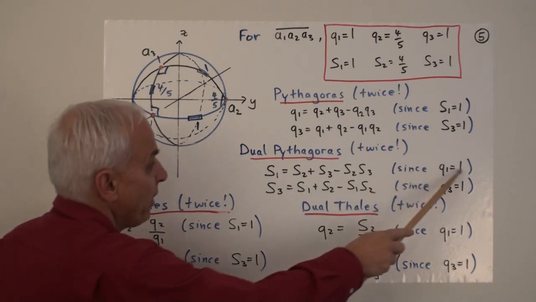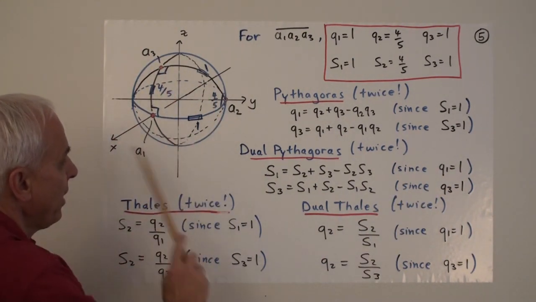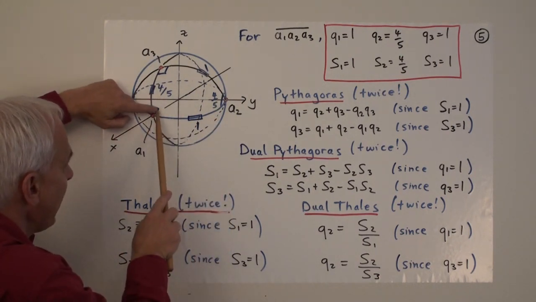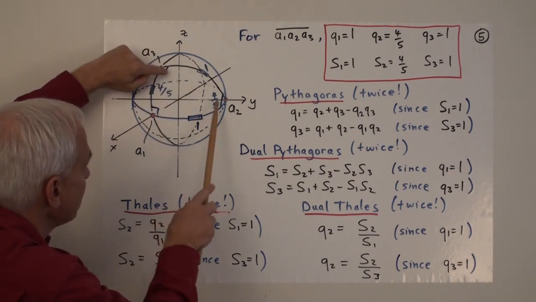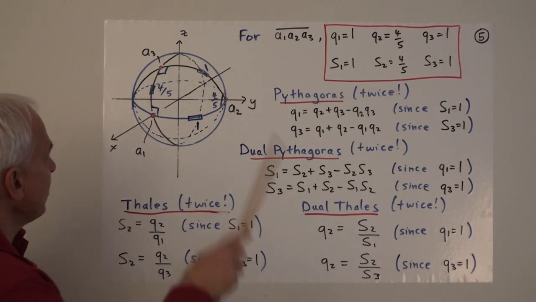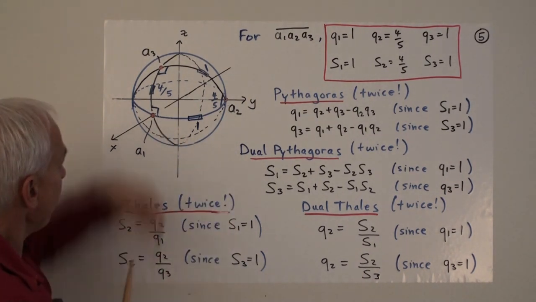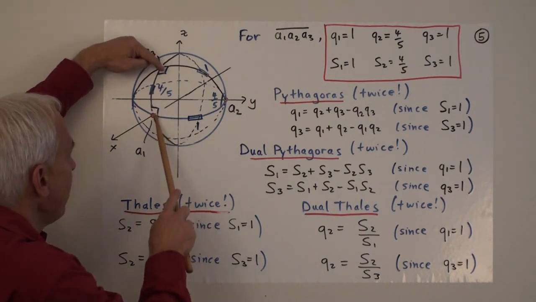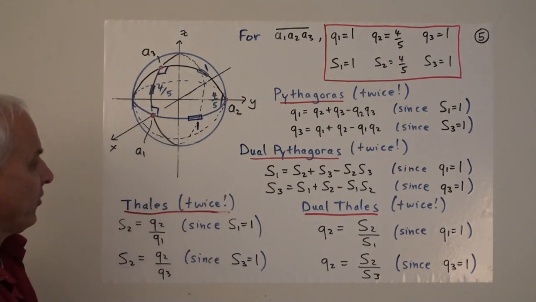So since Q1 is equal to 1, the relationship between the spreads is that this spread S1 is S2 plus S3 minus the product S2 times S3. And because Q3 equals 1, we must have that this spread S3 equals S1 plus S2 minus the product S1 times S2.